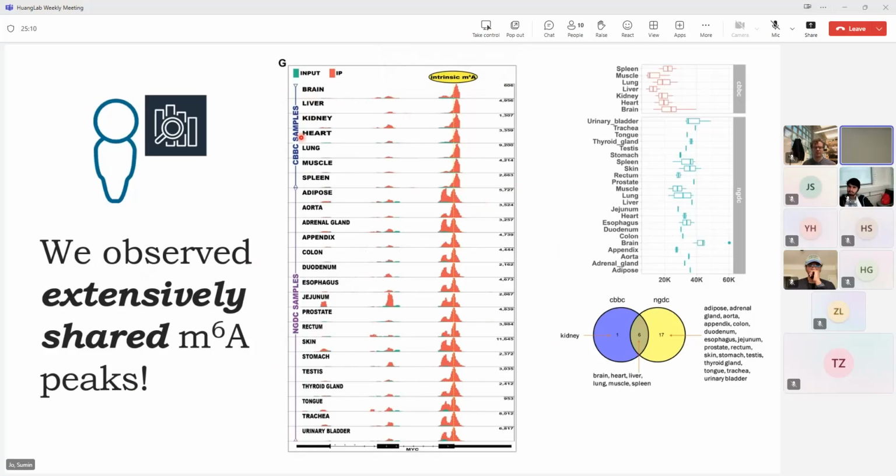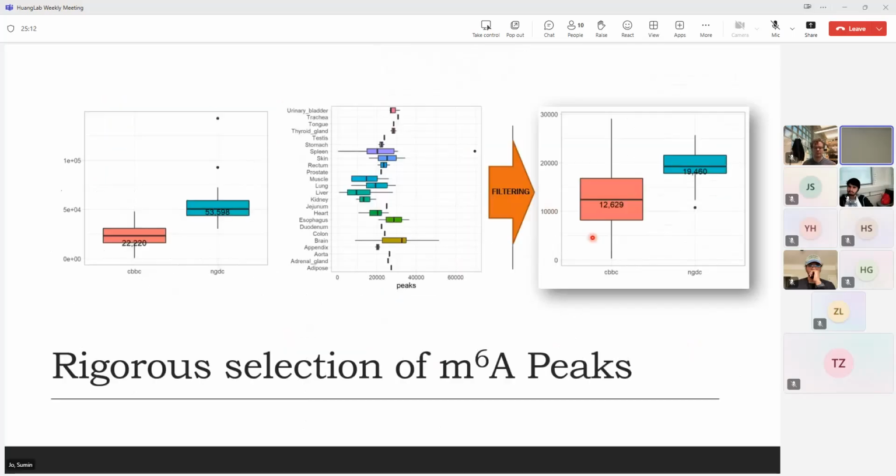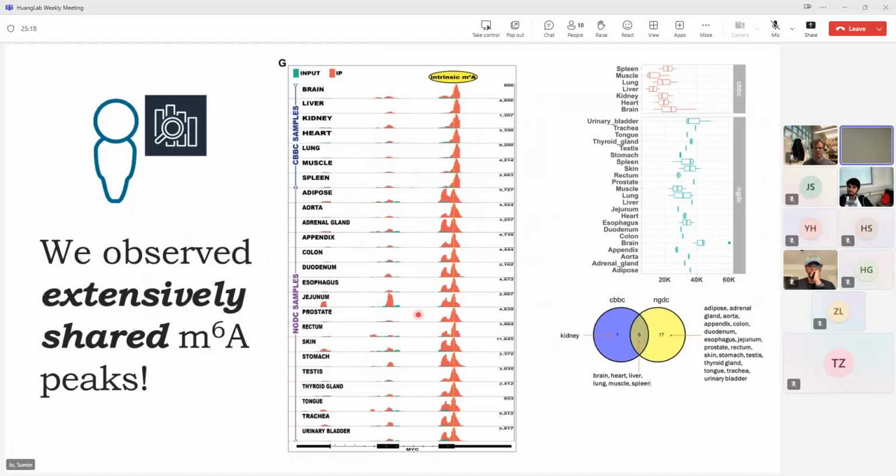Even though there is high variability between the datasets and across the tissue types, we were able to see that exactly the same region on the gene had the same predicted M6A peak across different tissues or different sample types. So we were able to observe these extensively shared M6A peaks across datasets.